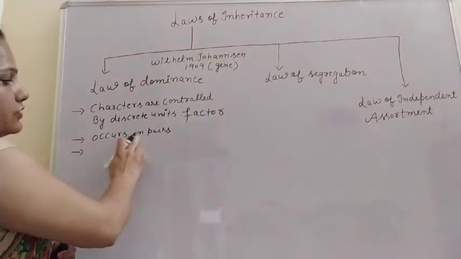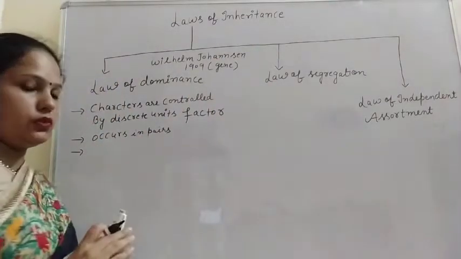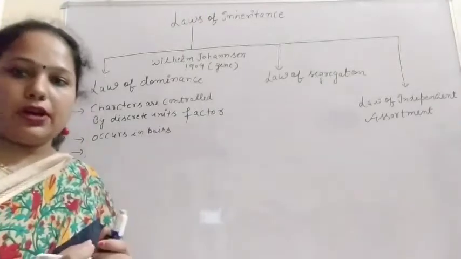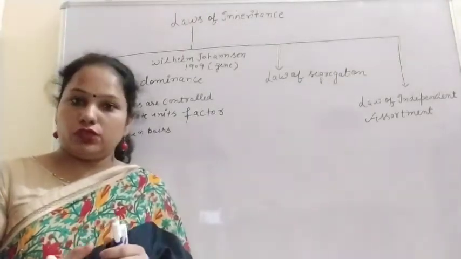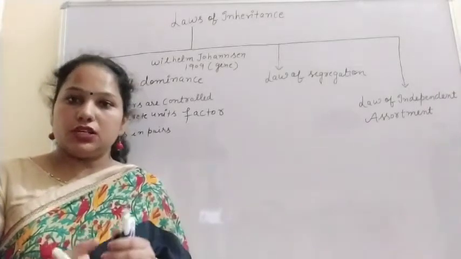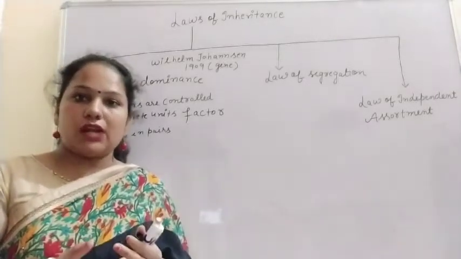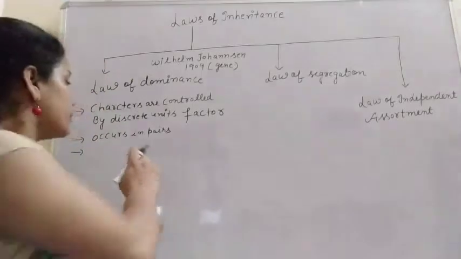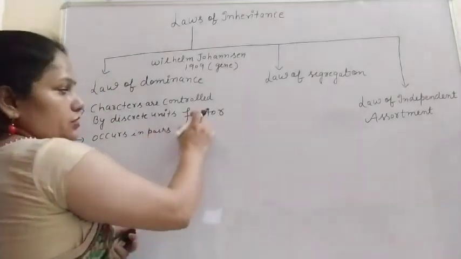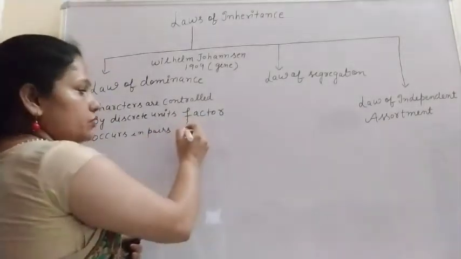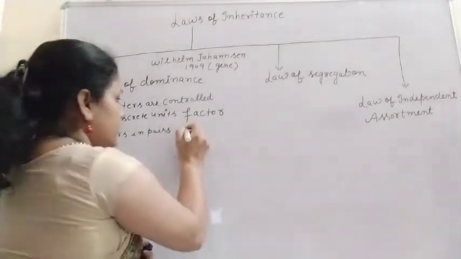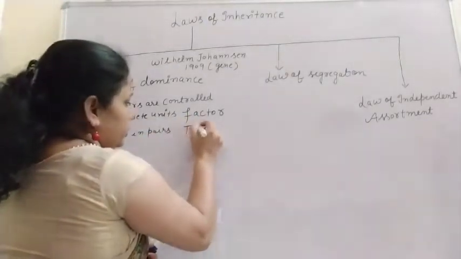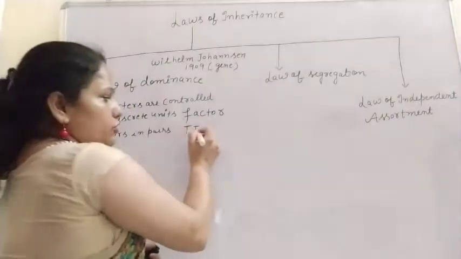Next, these factors occur in pairs. So these genes occur in pairs. You have done the terms genotype and phenotype, genes and alleles. So what is the gene and what is the allele? Suppose I am writing the gene for tall height, that is capital T, capital T. This is homozygous.